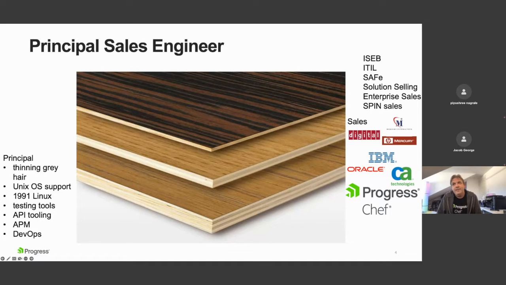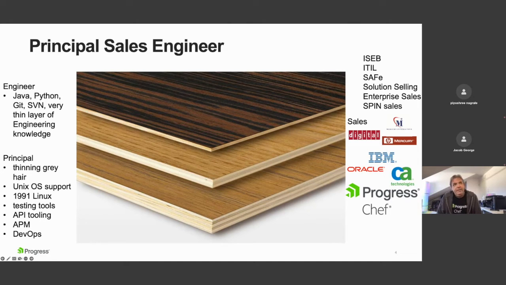So yes, I worked for DEC, also Mercury, IBM and Oracle, etc. Now at Progress Chef. In those years, again as part of sales, I've been on courses for enterprise selling, solution selling, value-based selling, along with how to implement SAFe and ITIL practices and ISEB.